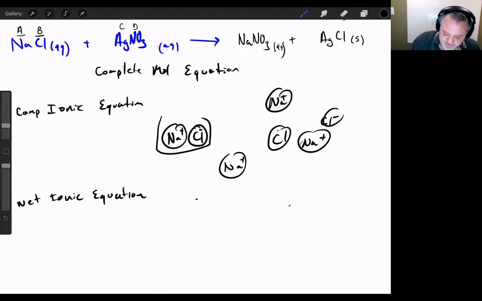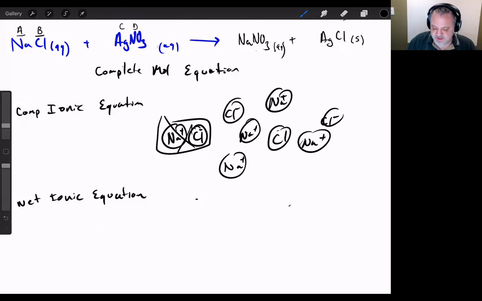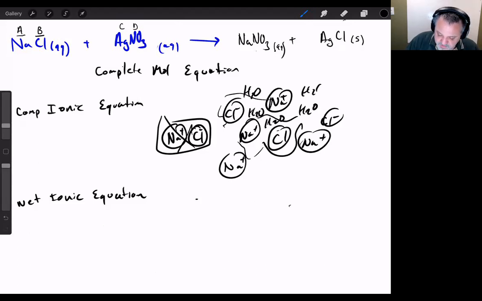So they're not like this, they're more like this, floating around and moving around each other. And they're surrounded by water. And this is what it means to be dissolved, is surrounded by molecules of the solvent. So this is a crude picture of what it looks like to be dissolved.